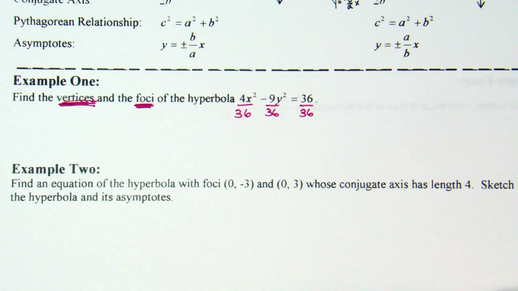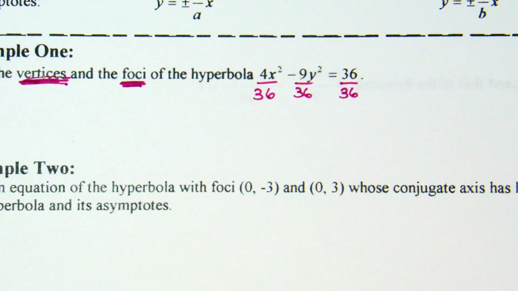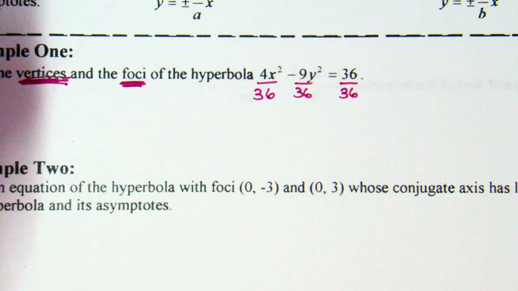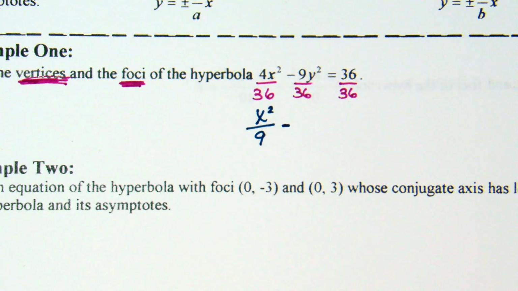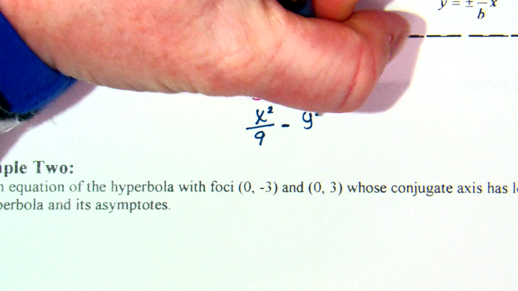Clean up those fractions. 4 over 36 is going to reduce to 1 over 9, so it's x squared over 9, because 4 over 36 reduces to 1 over 9. What about 9y squared over 36? Y squared over 4 equals 1.